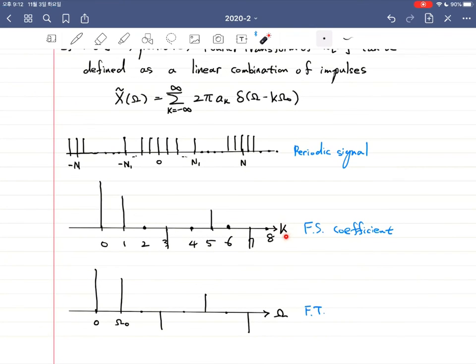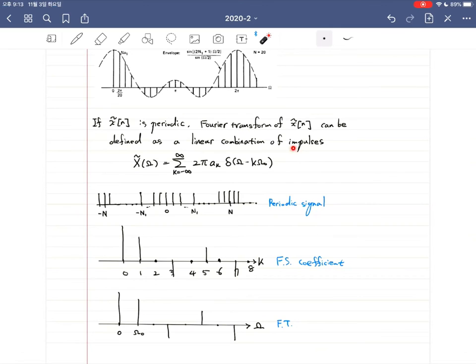However, you have k as the axis for the Fourier series, and you have the frequency for the axis of the Fourier transform. And you can use the shifted impulses, delayed impulses, to represent the Fourier transform of the periodic signal, like this. So with this formula, you can have this equation here.